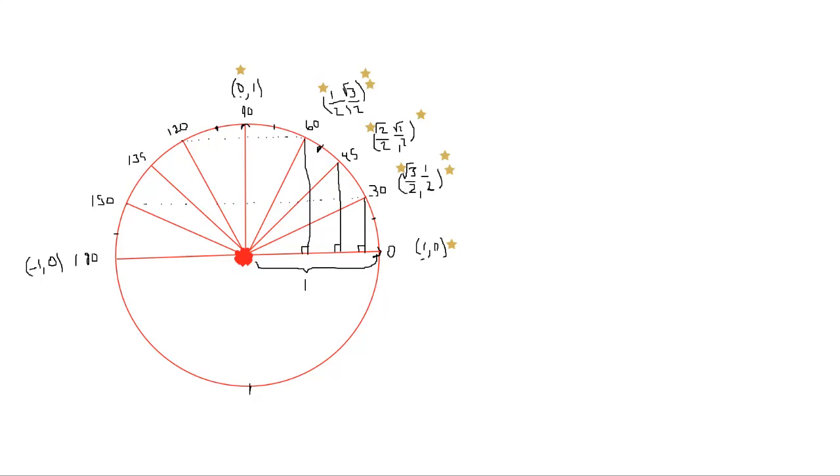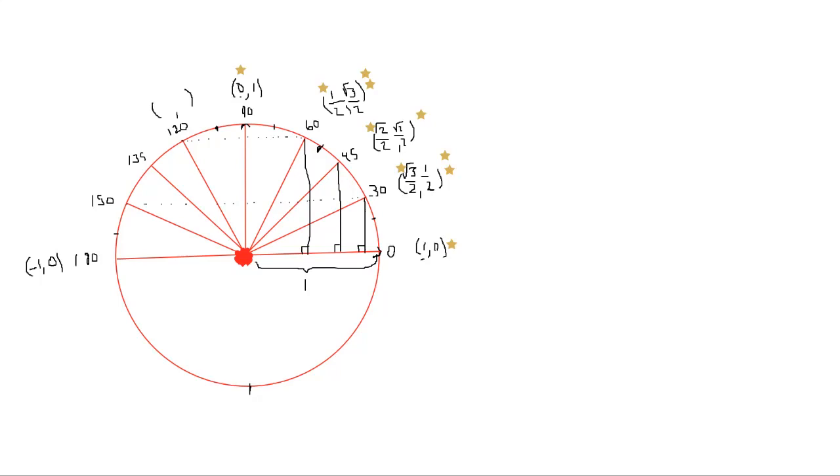So how would we figure out the coordinates between 90 and 180 if we just memorize that upper quadrant? Well, let's do the rest of these. If I go from 90 to 120, then that's going to put me at this point here. At 120, the point is going to be exactly the same height above the x-axis.